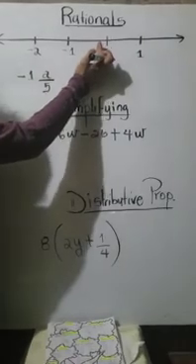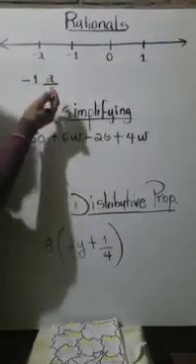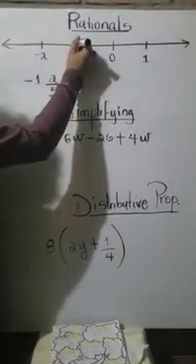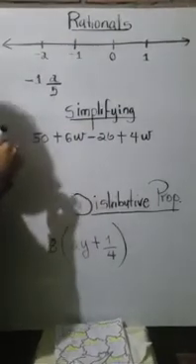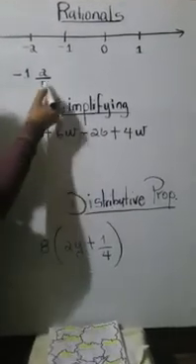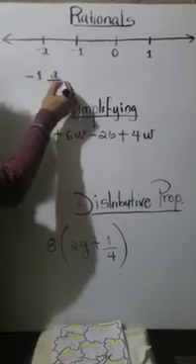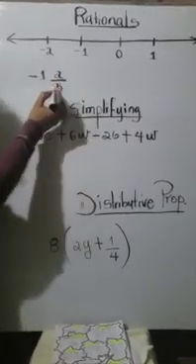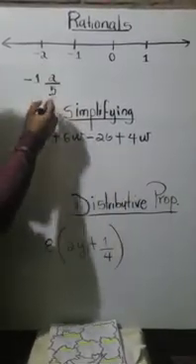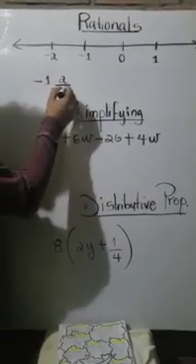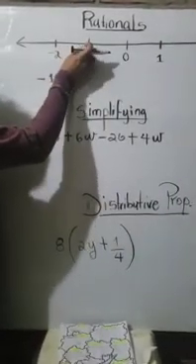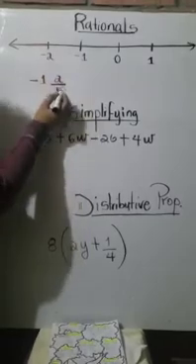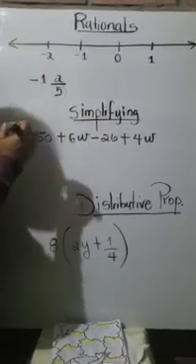Negatives are from the 0 to the left. So I locate or plot the negative 1 there. And then for the 2 over 5, I need to divide this section from negative 1 to negative 2 into 5 parts.